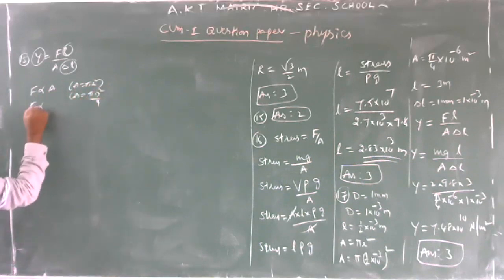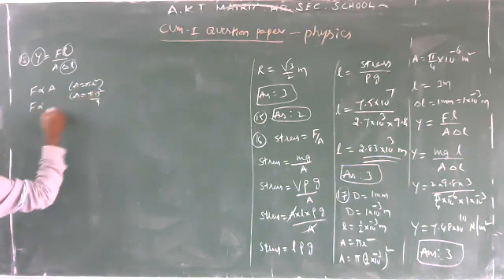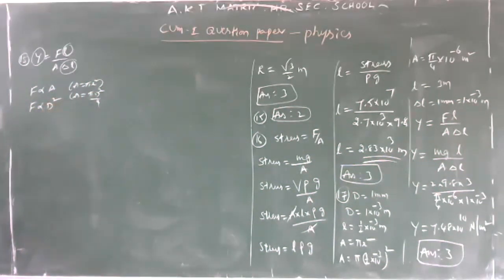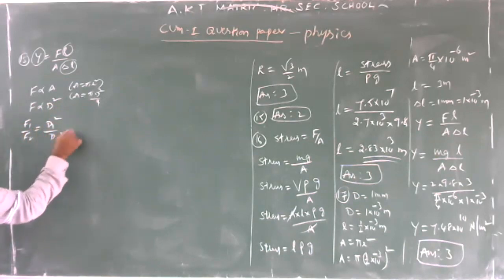So what is the relation between force and diameter? Force is directly proportional to the square of the diameter. F1 by F2 is equal to D1 square by D2 square.